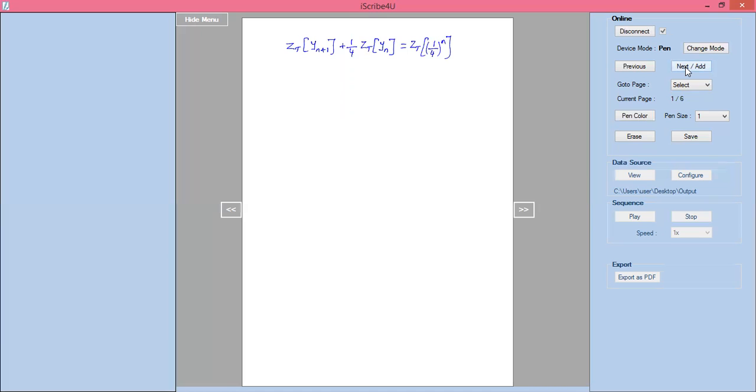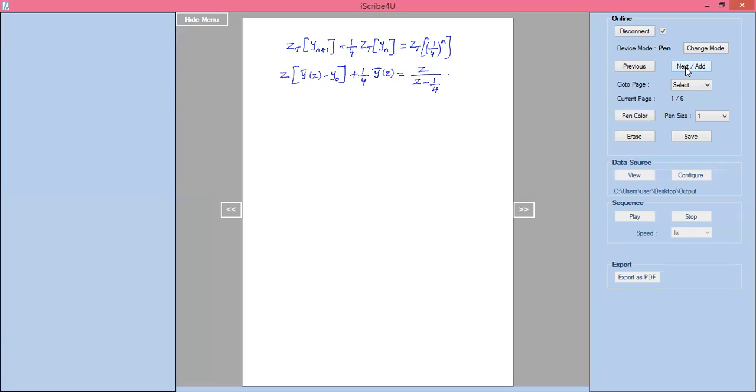Now, if you apply this formula, Z transform of y(n+1) is nothing but z into y bar of z minus y(0), plus 1/4 into y bar of z, equal to the Z transform of (1/4)^n, which is z divided by z minus 1/4.